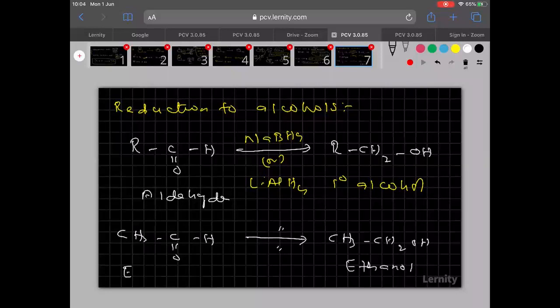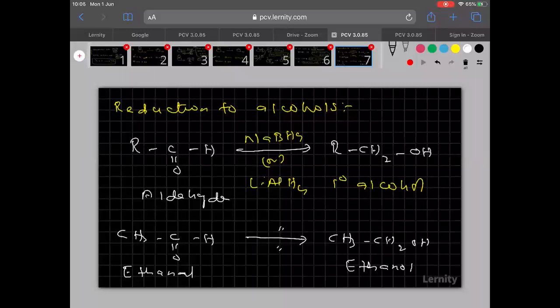The name of the reactant is ethanal. So ethanal gives ethanol. Please be clear here. I hope you are able to understand.